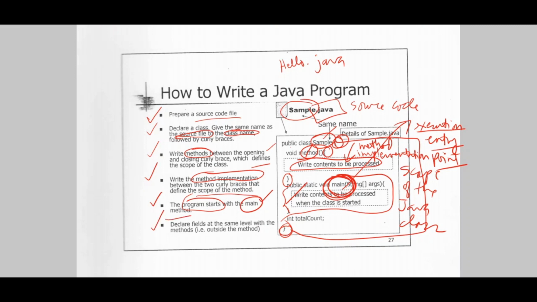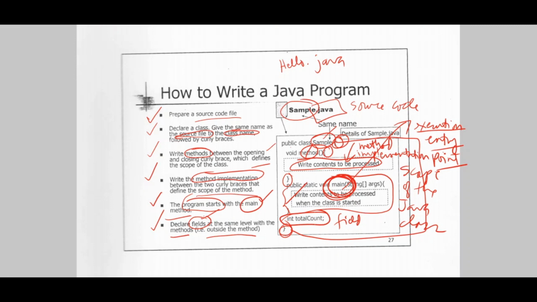And lastly, declare fields at the same level as the methods; fields are declared outside the methods, just like this one. This field is declared outside the methods.